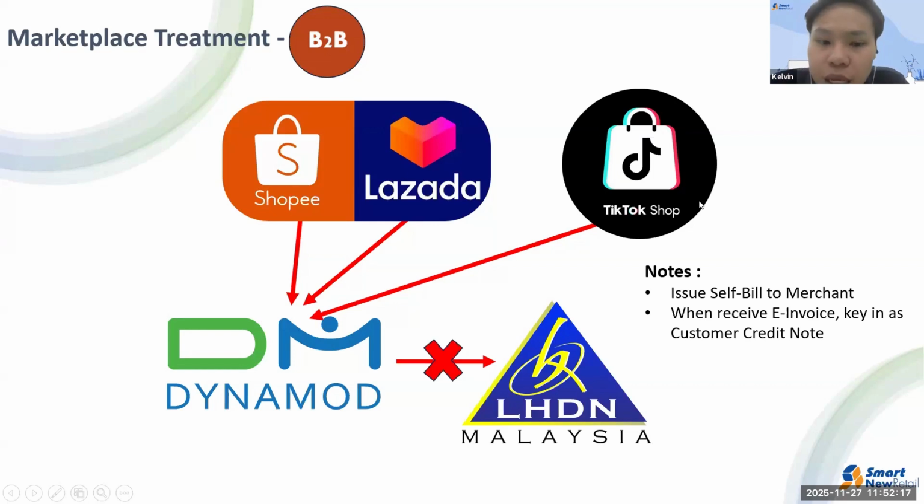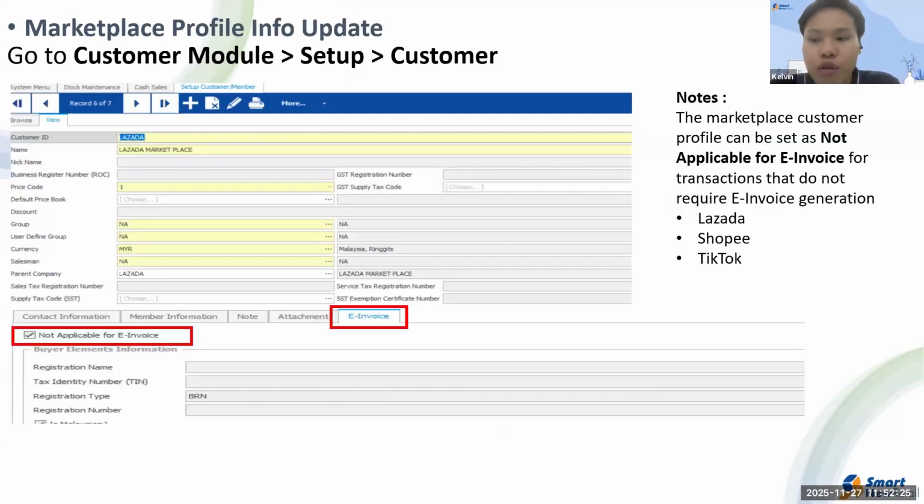So if they help you to submit, then in Dynamod you no need to submit again. But for others, like your own Shopee or your own Facebook sales, your own website sales, then yes, you need to submit it.